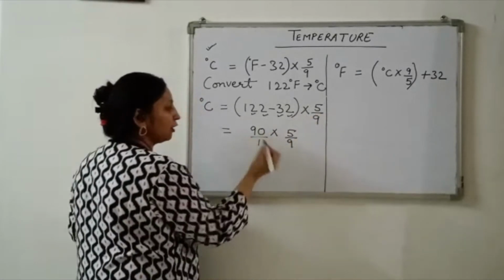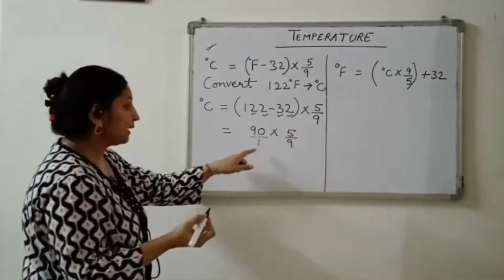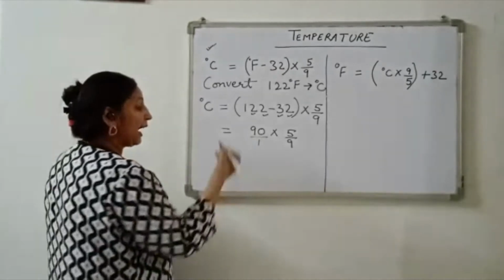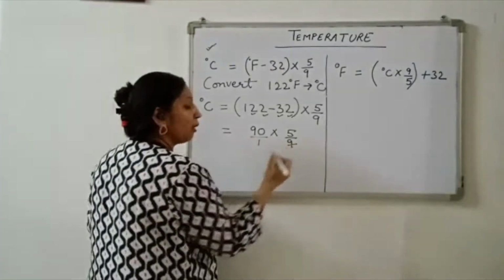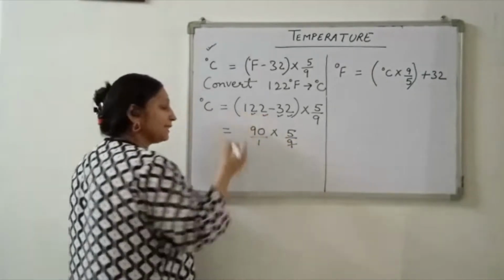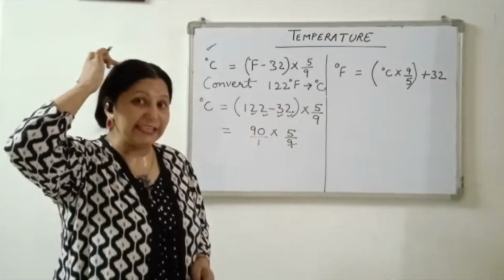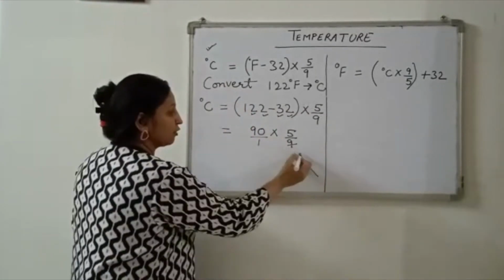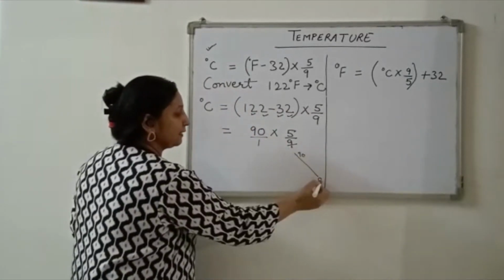Suppose here we do not know what is there, so that time we can easily put denominator as 1, and now we have understood how fraction can be cut. So 9 is there, 90 is there, so keep the table of 90 which is common at both places. So here it is your 90, here it is your 9.